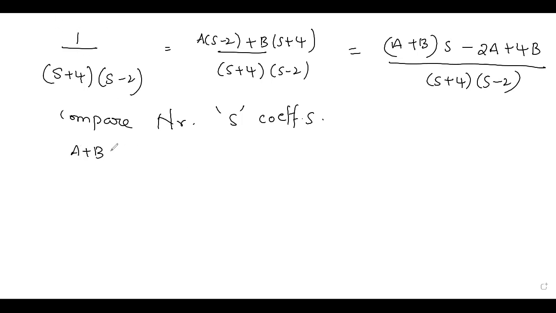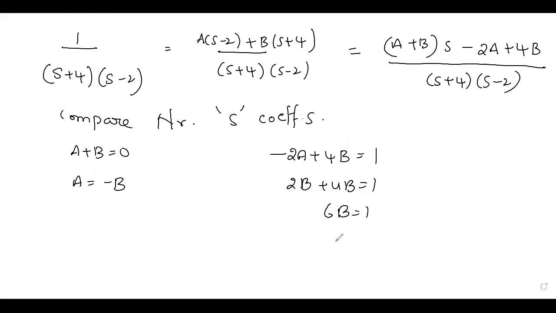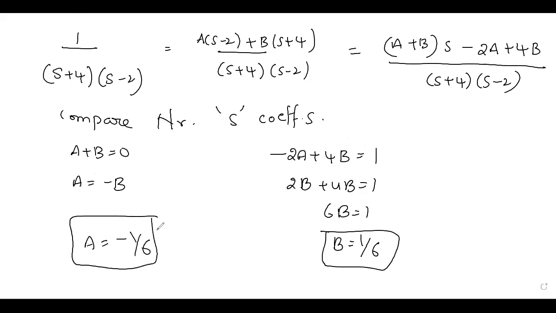So A plus B equal to 0, and A equal to minus B. And what about the constant? The constant value is 1. Minus 2A plus 4B is equal to 1. If you substitute A equal to minus B, plus 2B plus 4B, 6B equal to 1, B equal to 1 by 6. Then what about A? Minus 1 by 6. So we got both A and B values.